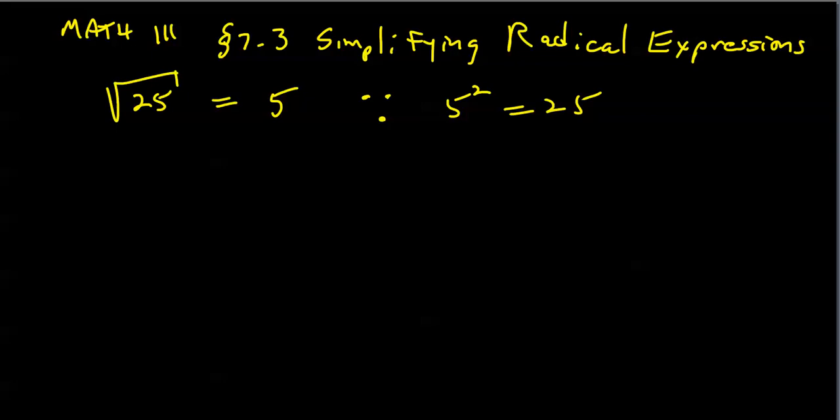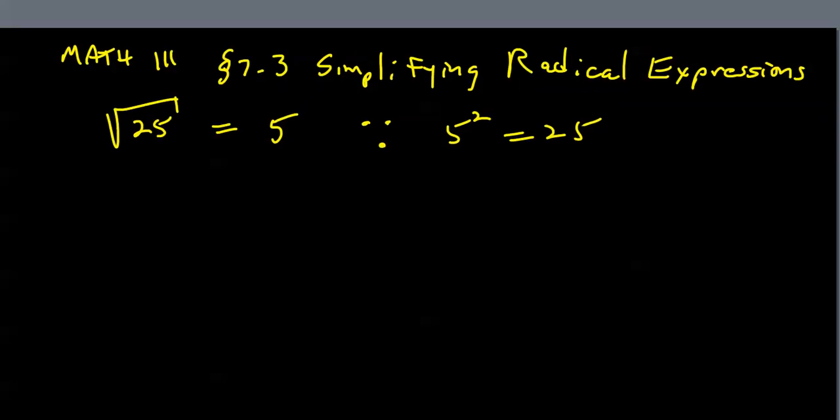In other words, 5 is the number I square to get 25. So when we're taking the square root, we're really doing the inverse of the squaring operation. The square root of 100 is 10, of course, because 10 squared is 100. 10 is the number I square to get 100.